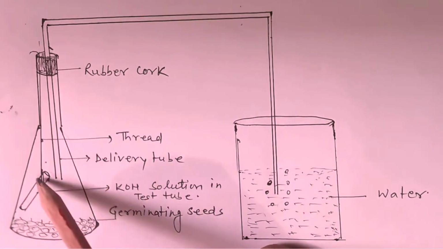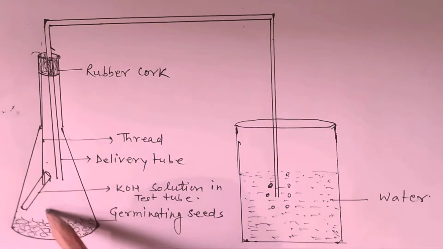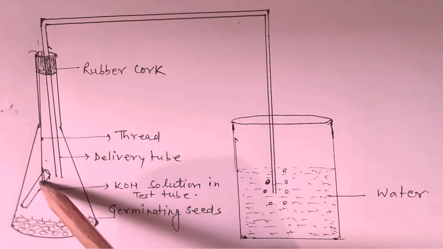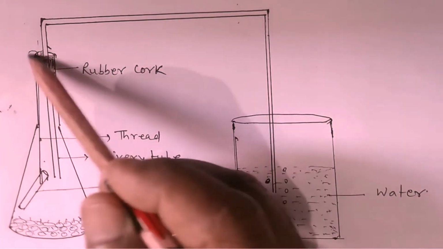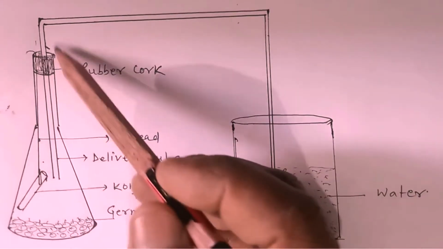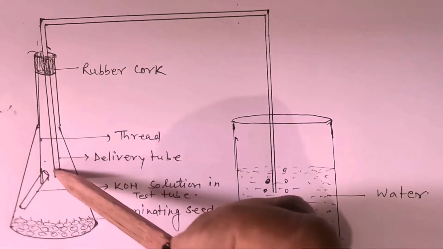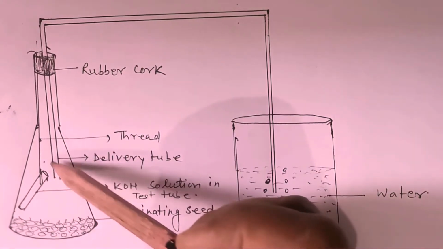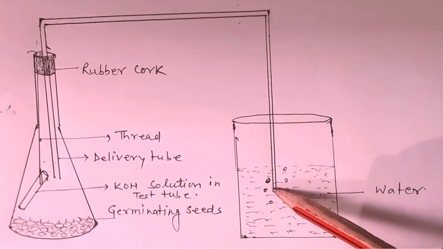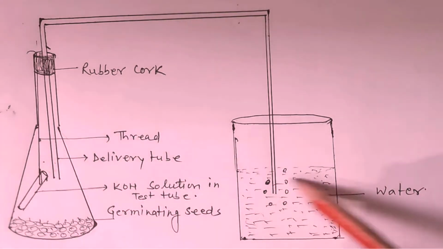Hang a small test tube containing potassium hydroxide solution in the conical flask. Now cork the conical flask and from one of its holes insert a delivery tube. The delivery tube is in U shape. Insert its other end into a beaker containing water.